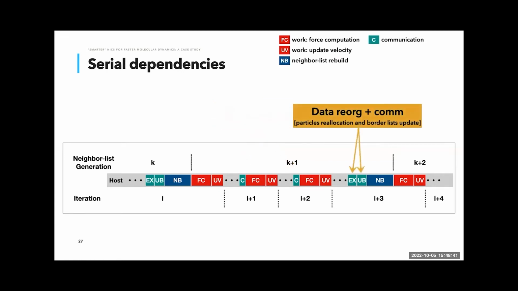Since particles move, we need to frequently move particles to their new processes. This operation is shown by green EX boxes, and we also need to update the border lists, which are used to store the position of particles in ghost zones. This operation is shown by green UV boxes in this figure.